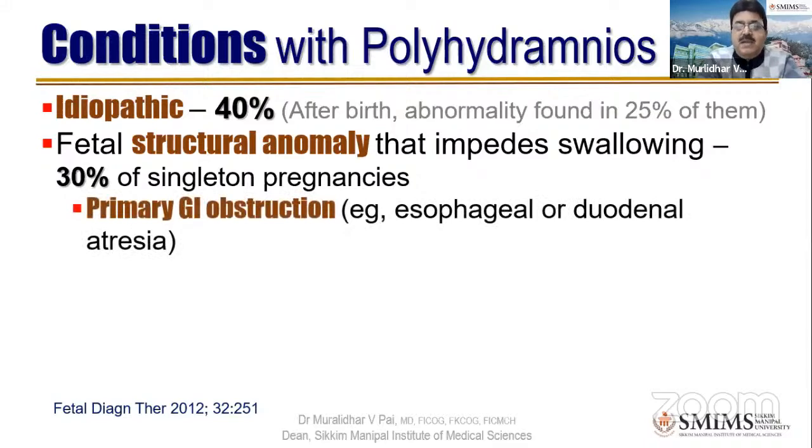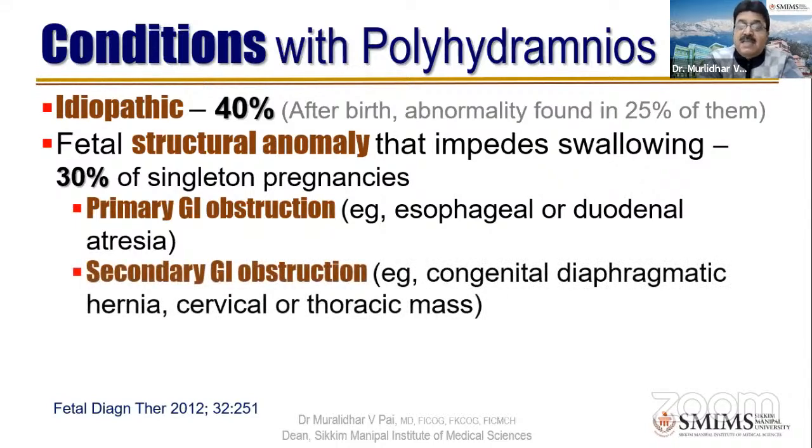This could be primary GI obstruction, for example, esophageal or duodenal atresia. Secondary GI obstruction, that is congenital diaphragmatic hernia. That means the primary cause is not within the GI, it is outside GI, but it will have an impact on the absorption or obstruction.